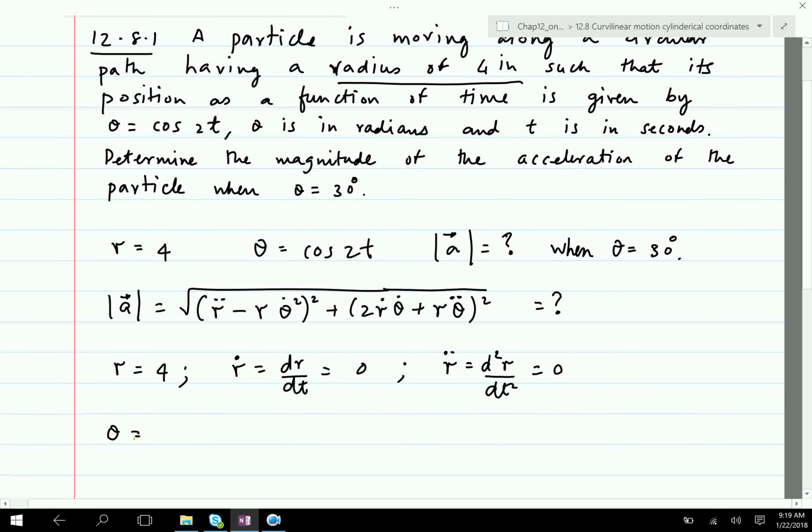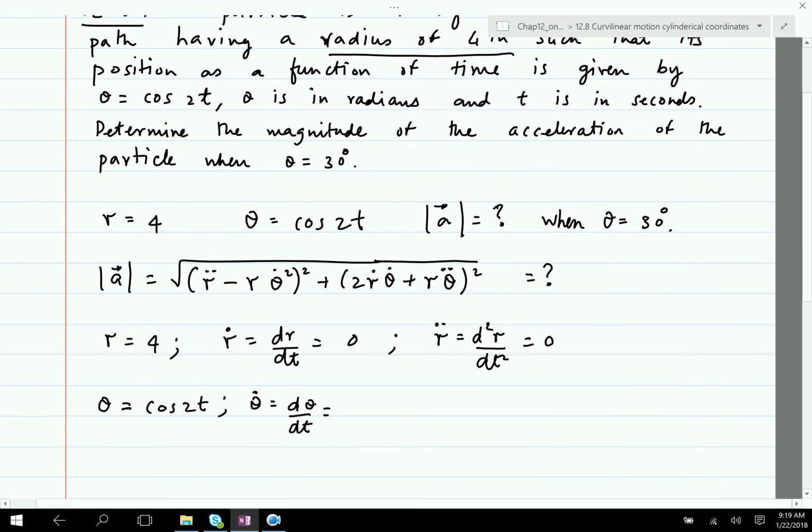The next one is theta is cosine of 2t. We need to find theta dot, which is d theta dt. I don't think we'll be providing you with tables for derivatives of simple functions, so you've got to remember the formula for the derivative of cosines and sines.